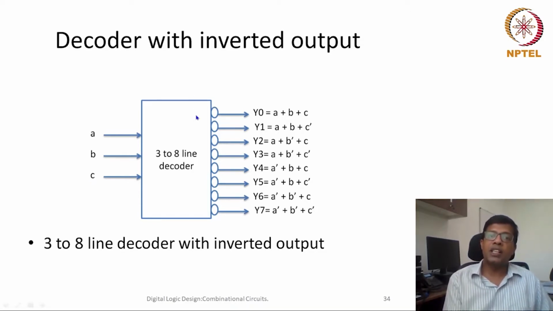And this is the condition with this decoder with the inverted output, that all other outputs would be 1, but only one would be 0 at one point of time, whatever the input is.